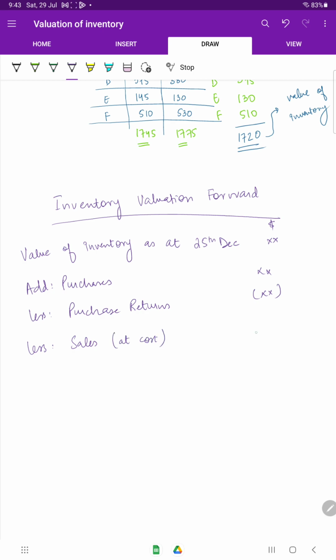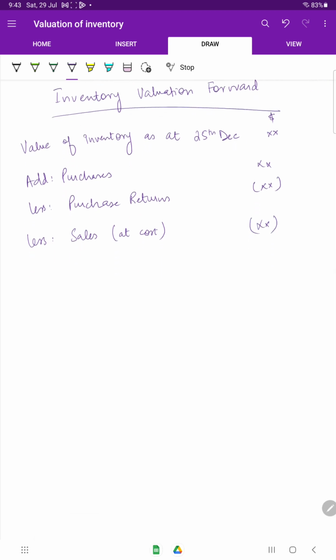If you focus on this format, you don't have to learn it, you can simply understand the concept and you can do it on your own exam.